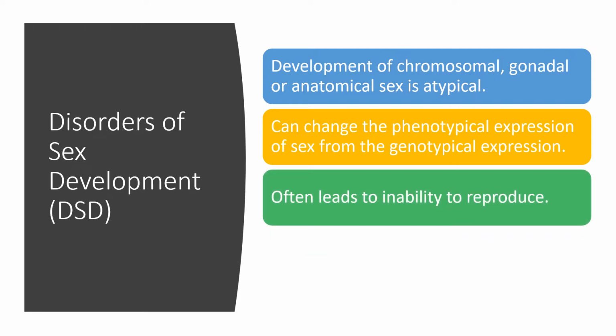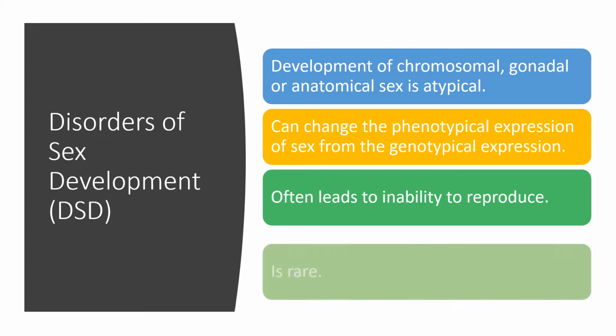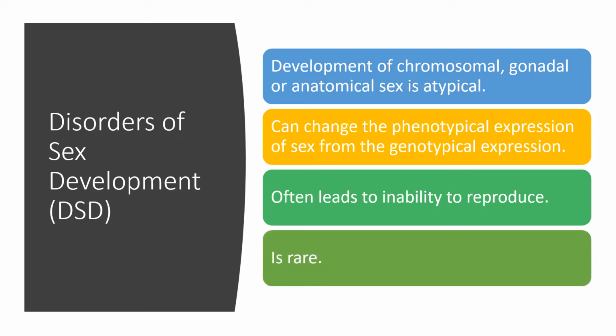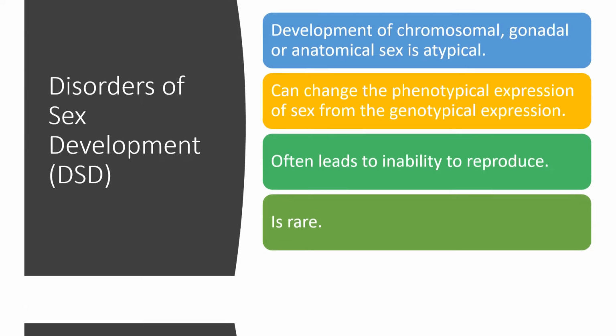These disorders often lead to an inability to reproduce, which makes them evolutionarily unstable mechanisms. These disorders are also very rare and happen to less than 0.02% of the population. We will now present some of these disorders.